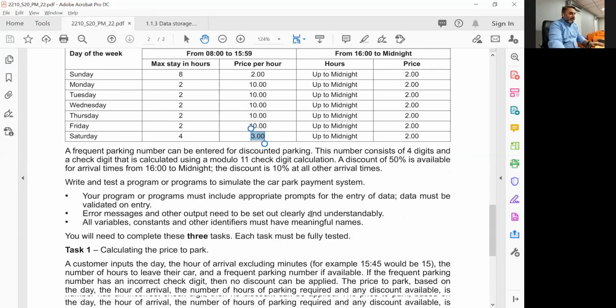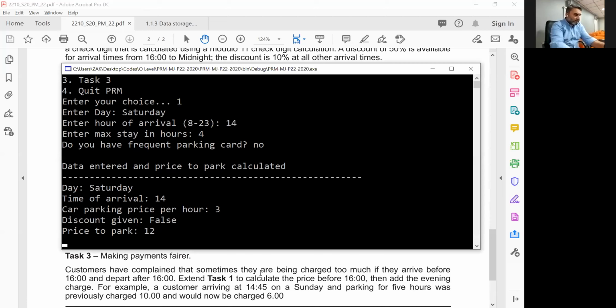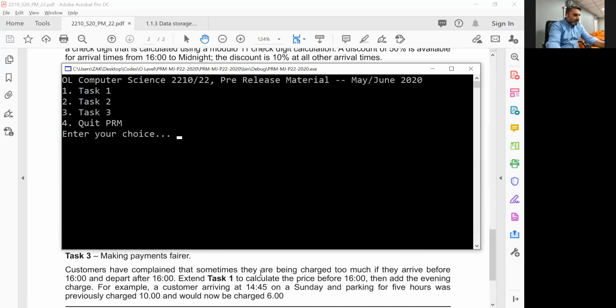So let's see what they say. Customers have complained that sometimes they are being charged too much if they arrive before 1600 hours and depart after 1600 hours. Extend task 1 to calculate the price before 1600 hours and then add the evening charge.